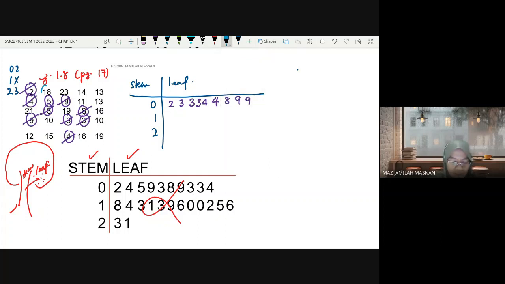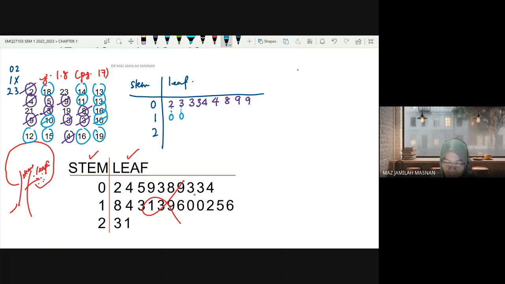Now we start with the numbers in the 10s: 18, 14, 13, 11, 13, 16, 10, 19, 16, 10, 15, 20, 12. We begin with the smallest value. We have 10. How many 10s? Two 10s, so 0, 0.